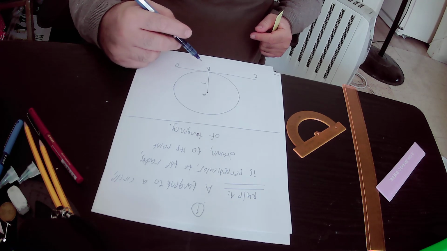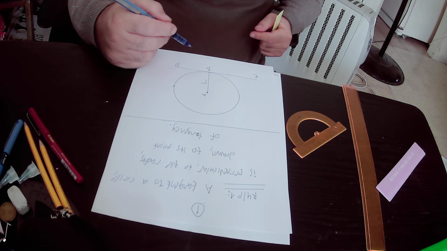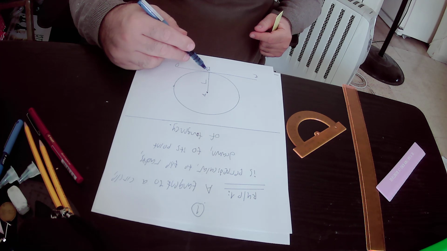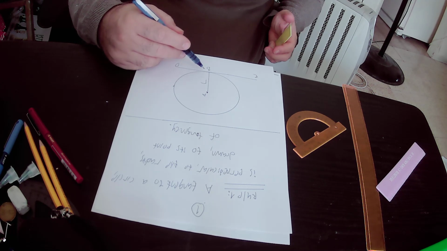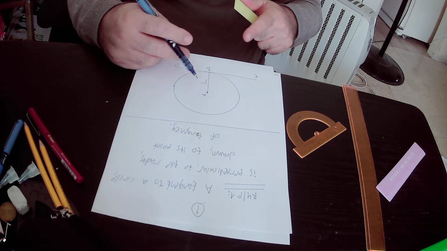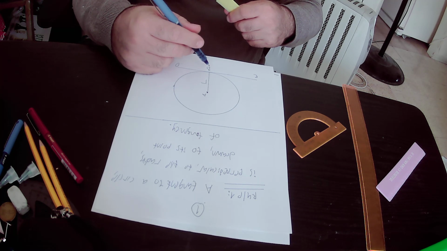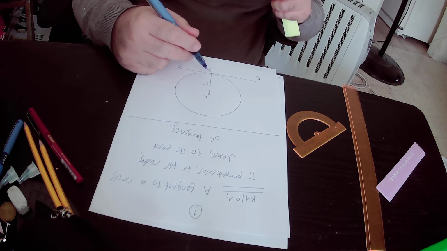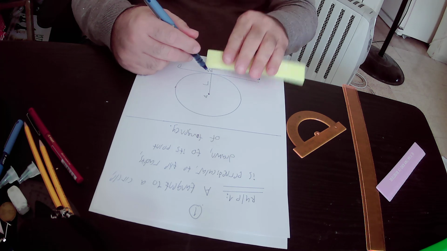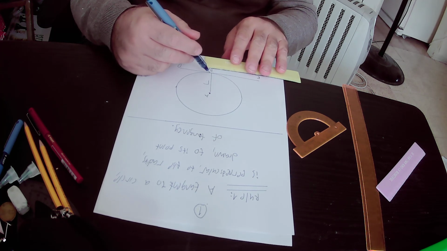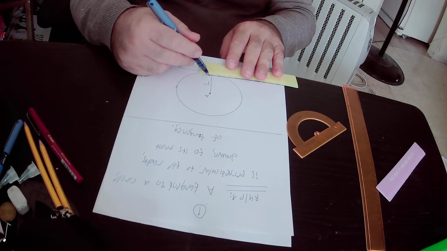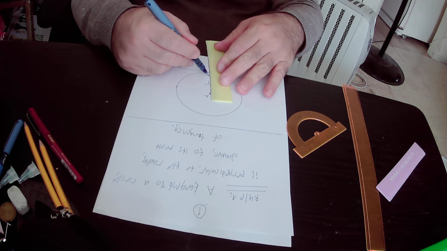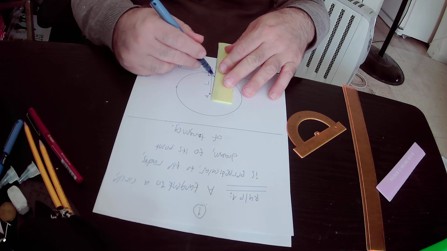So the point of tangency is point B, and we have this radius that is drawn to point B. Therefore, the tangent CD is perpendicular to this radius at point B. So this angle is 90 degrees, and this angle is also 90 degrees.